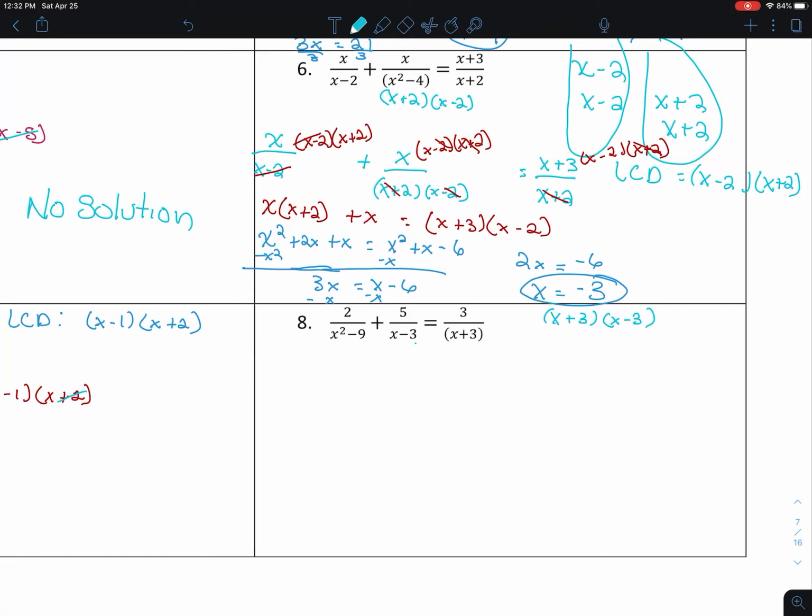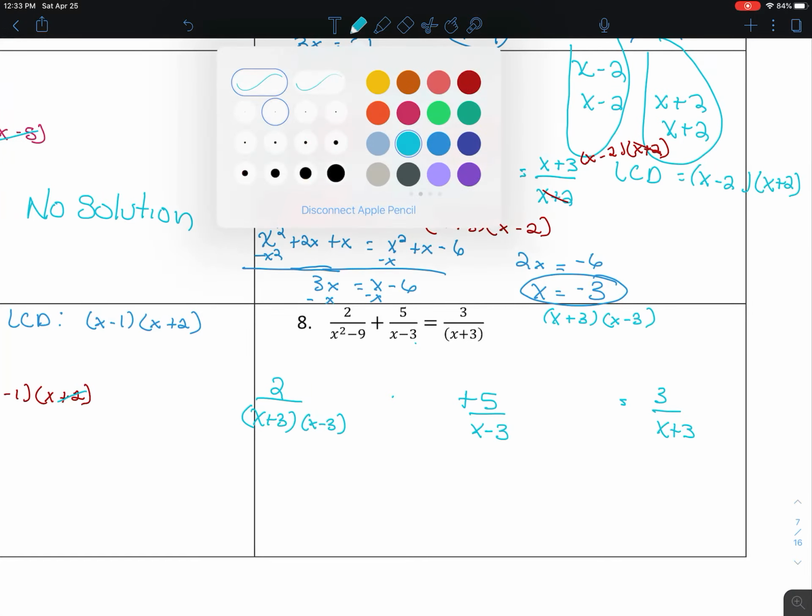Okay? So then multiplying everything together, this is 2x squared. I'm going to write it out because I factored that and I got x plus 3, x minus 3. So this is 2x plus 3, x minus 3, plus 5 times x minus 3 is equal to 3 times x plus 3.